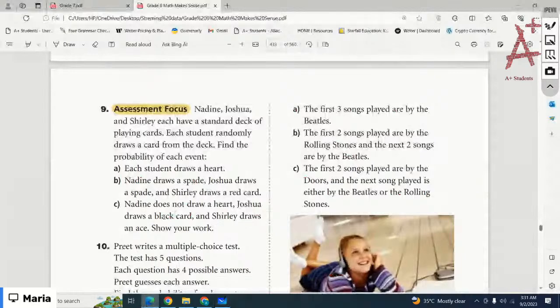The C part is: Nadine does not draw a heart, Joshua draws a black card, and Shirley draws an ace. Show your work, right? So not heart. You have to calculate the probability of not heart, then the probability of black, and then ace.